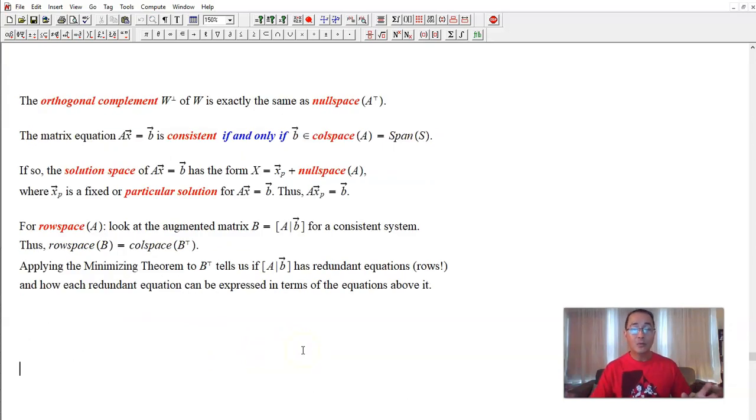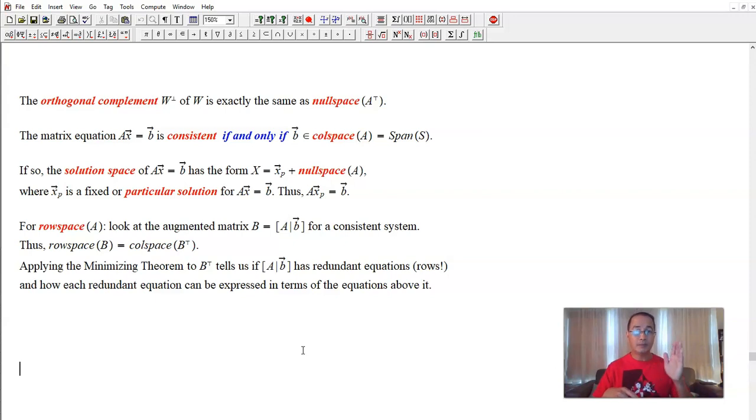So finally, what is the significance of each of these matrix spaces in the scenario that we just described? Let's start with the easiest one, W perp. The orthogonal complement W perp of W is exactly the same as the null space of A transpose. Okay? So remember when we talked about orthogonal complements, we said that if you have a spanning set for W, you have to put those vectors into the rows of a matrix.